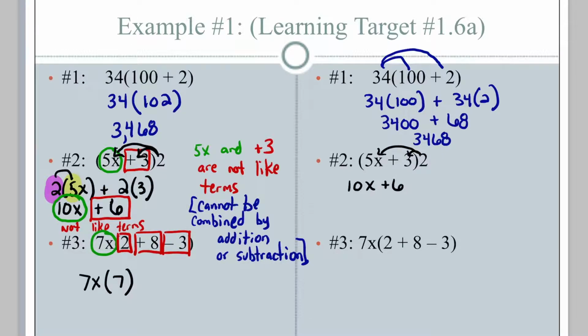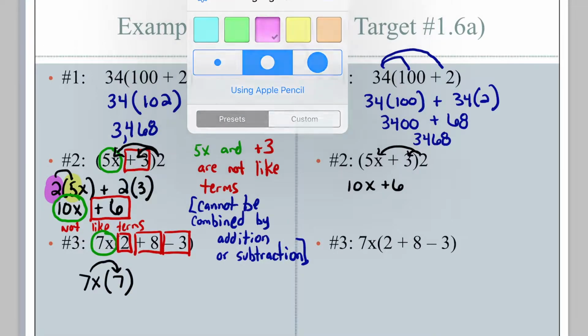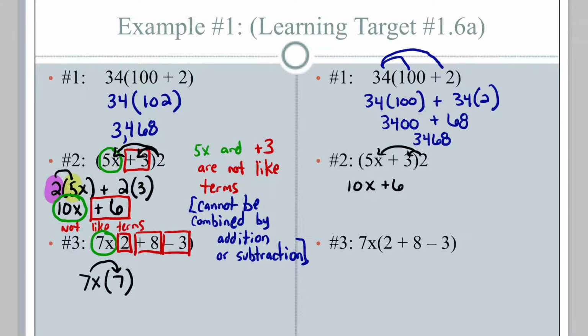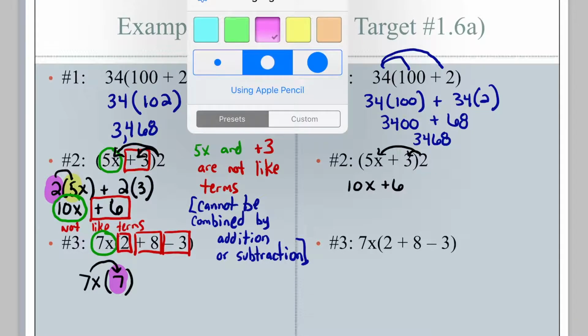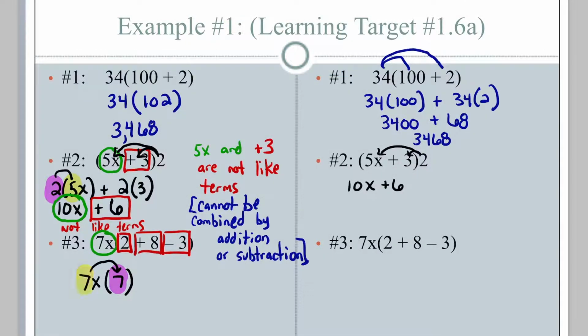And then I can just multiply the 7x times the 7. Now, technically, I am distributing here. Technically. And since I am distributing, I am multiplying. And once again, when we multiply with a variable coefficient, a coefficient times a constant, so I've got the 7, and then I have the other 7 as my coefficient.